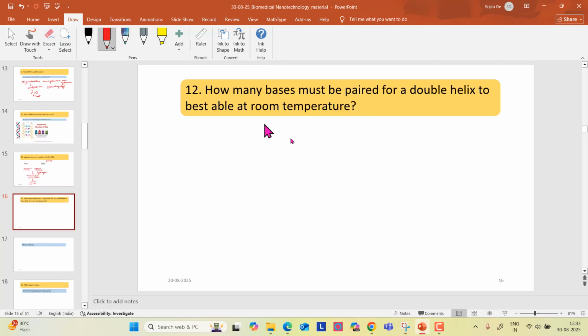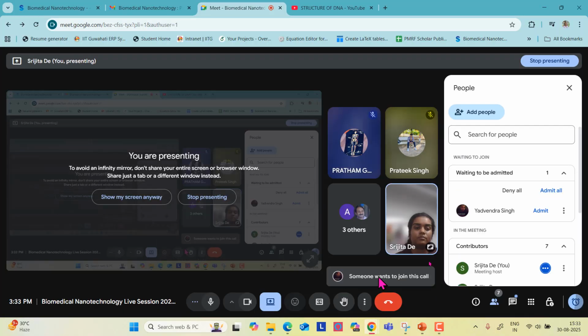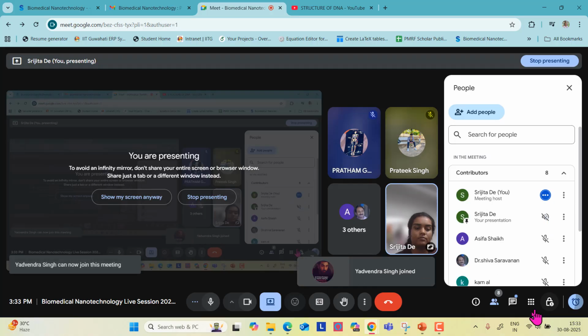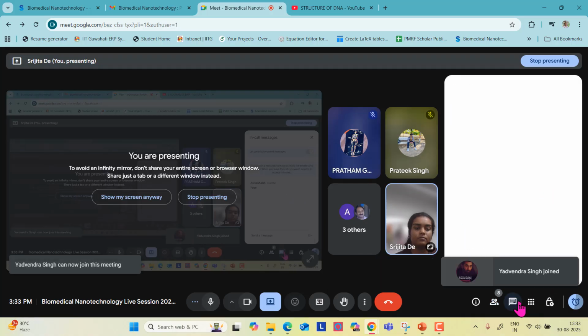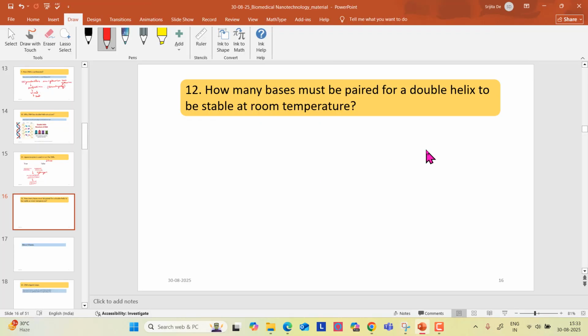Next question. How many bases must be paired for a double helix to be stable at room temperature?